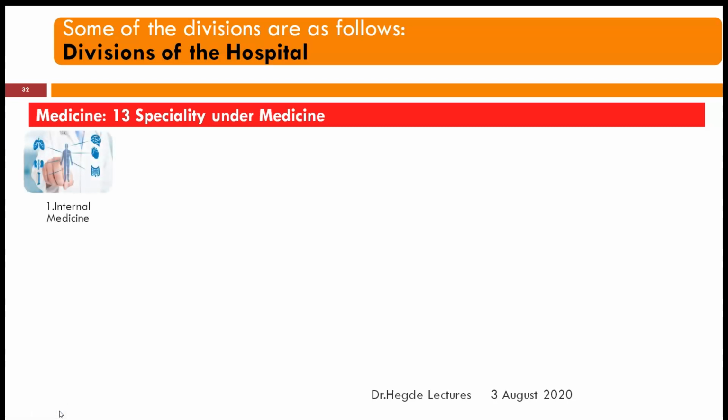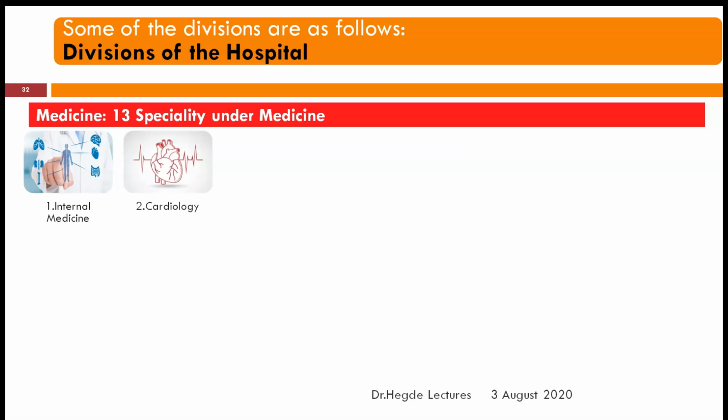Firstly, we can see internal medicine. The internal medicine doctor is well versed in all kinds of diseases, whether of the lungs, the kidneys, bone and brain, heart and the GI system. He is the first point of contact for most patients.